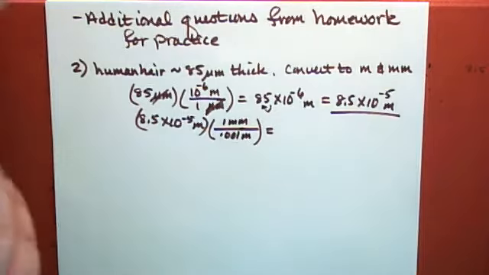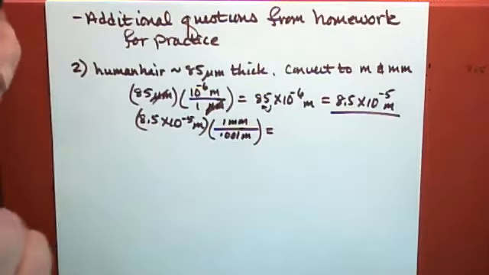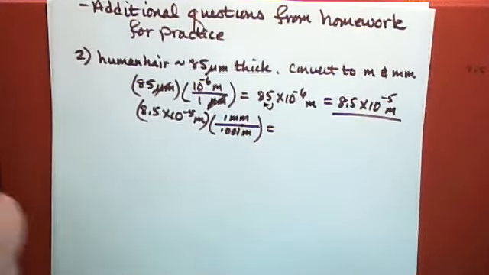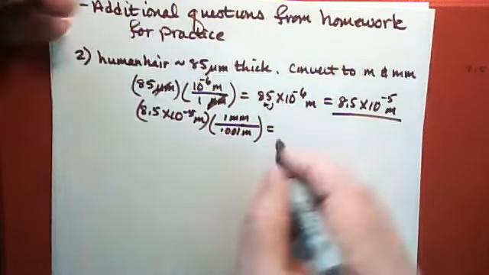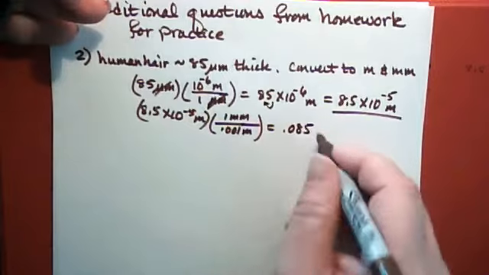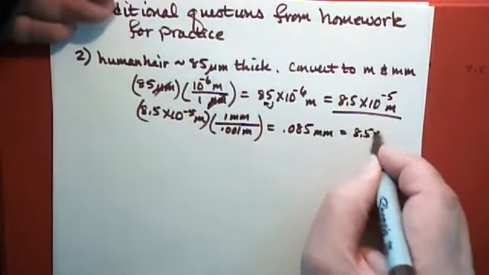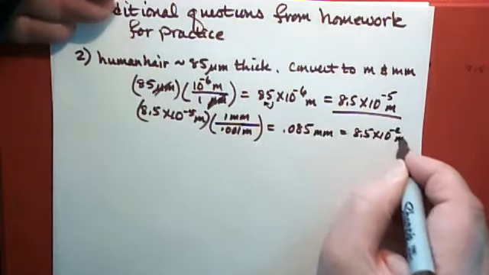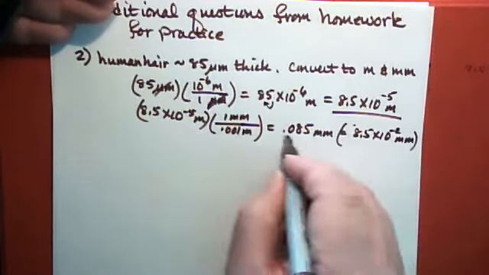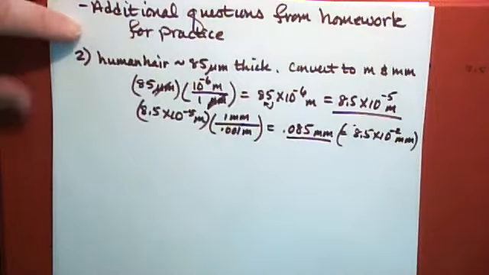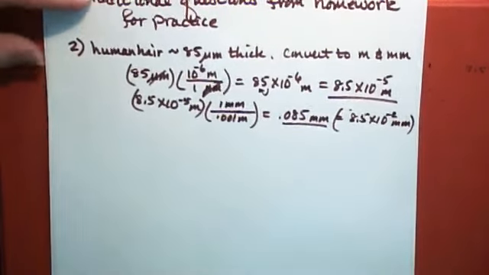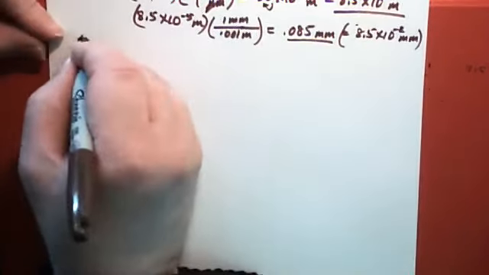And so if you take 8.5 times 10 to the minus 5 and divide it by 0.001, you get 0.085, or 8.5 times 10 to the minus 2 millimeters. All right, so far so good, hopefully.